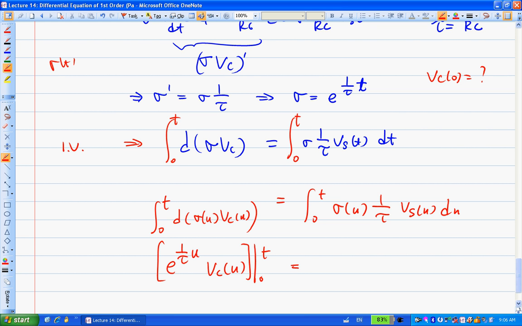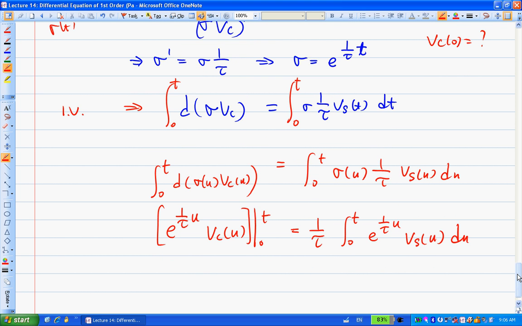And the right side, the problem is we don't know what Vs, the input, is, so I'll just leave it as it is, because we're trying to solve the general case. But I can take the 1 over tau out of the integral, from 0 to t. I'm plugging the sigma u in here: 1 over tau, e to the u over tau, Vs u, du.